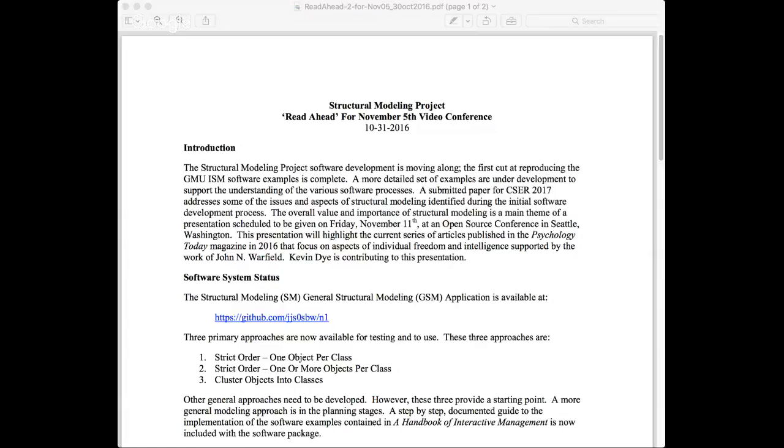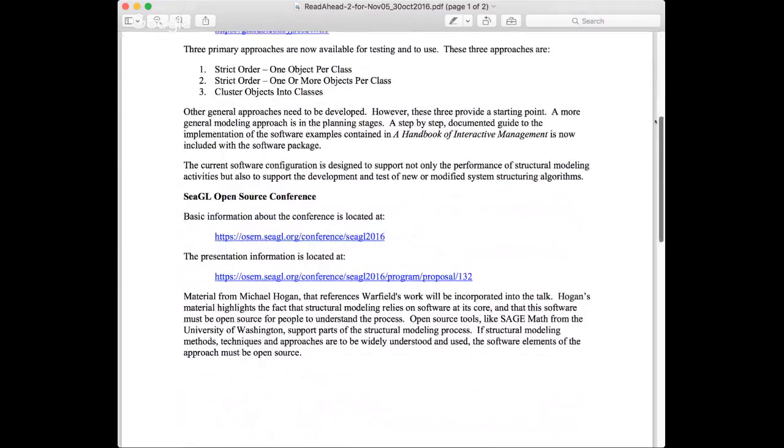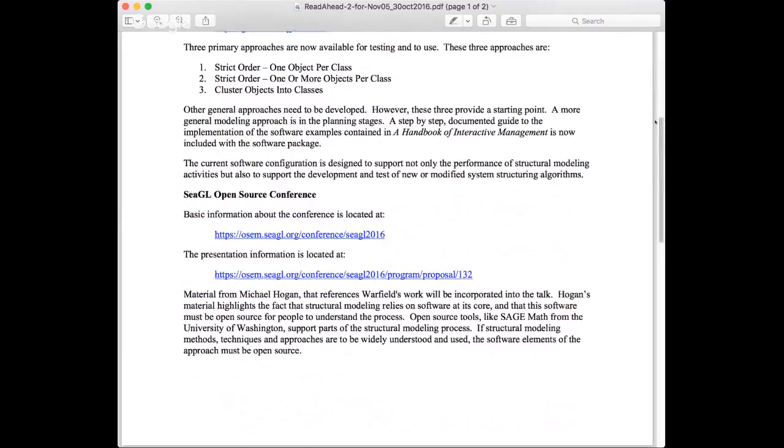Wonderful. Coming up on November 11th, we'll be talking with open source community folks about the software itself, at the Seagull Open Source Conference. These folks are very focused on freedom of choice.